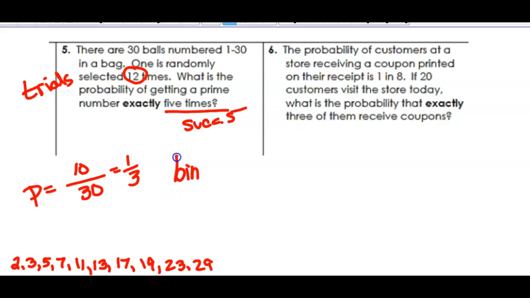So we would have binomPDF: 12 trials, probability of success is 1 in 3, and we want to succeed exactly 5 times.